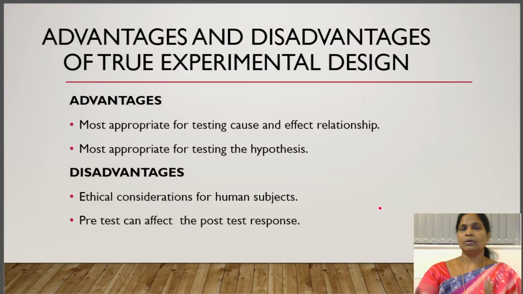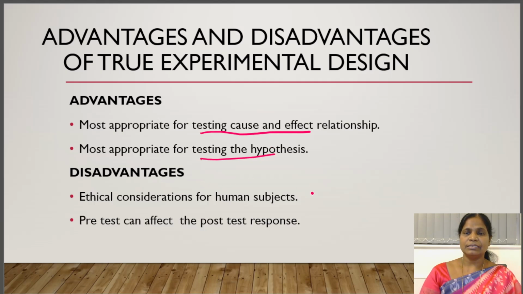Next we'll move on. Okay, some of the advantages and disadvantages are here. Advantages: most appropriate for testing cause and effect relationships, most appropriate for testing hypotheses. Disadvantages: ethical considerations for human subjects. Whenever we do experiments on humans, on the lives of individuals, ethical considerations are very important. We have some principles to be followed, like confidentiality, privacy, and doing no harm to the life of an individual without their consent.